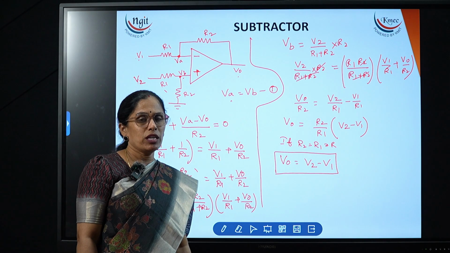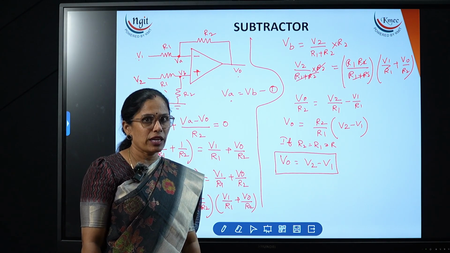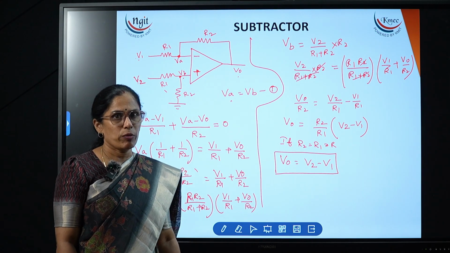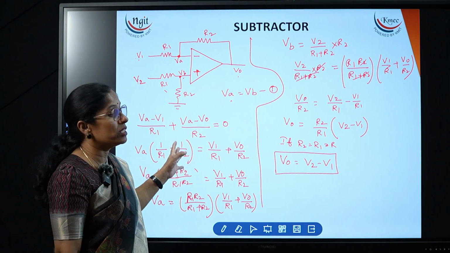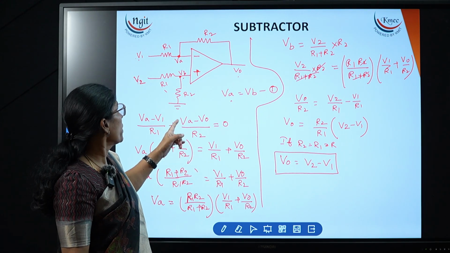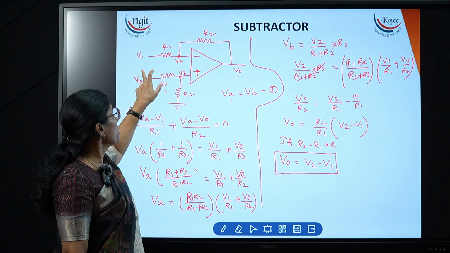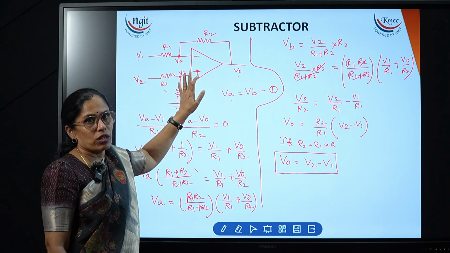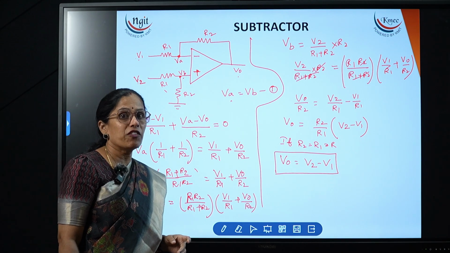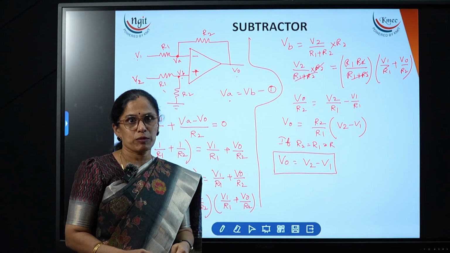For all the applications the procedure is common. The only difference is how to draw the diagram and how to apply the input voltages, that you should know. So this is the subtractor. That's why I have given two different voltages to the two different inputs. This is also called a difference amplifier. So with this we finished the subtractor. Thank you.